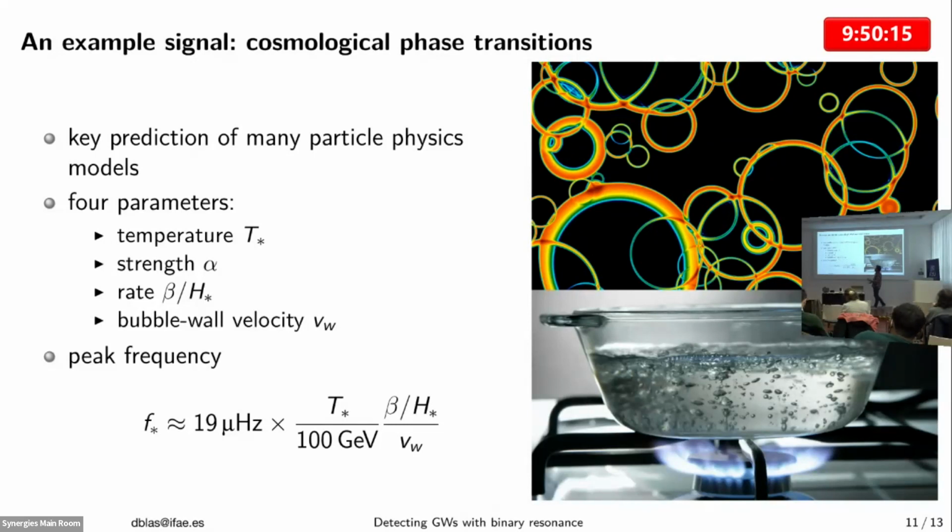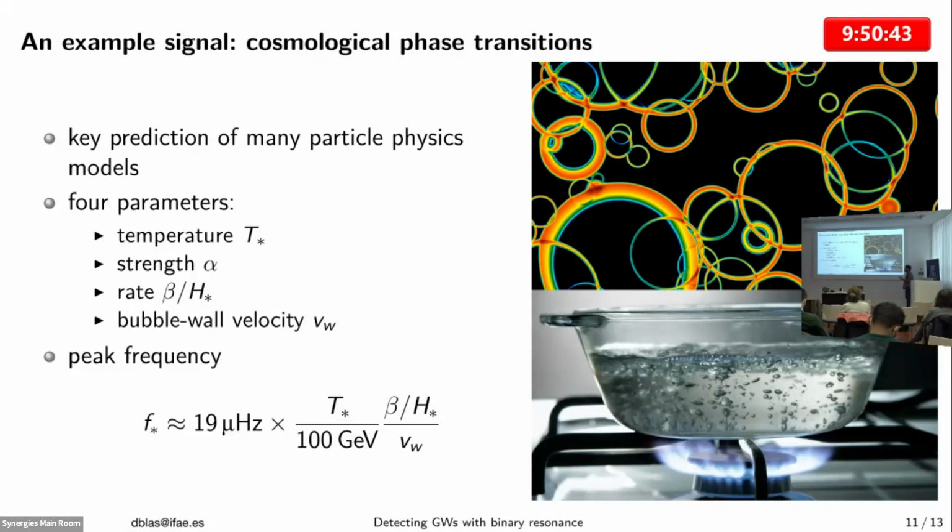And when you take order 1 values, or expected values for these, the relevant thing is that the temperature of the transition is like 100 GeV, which is a very natural energy scale for particle physics. Then the peak of this gravity wave spectrum is around the microhertz, so around the frequencies I am talking about.